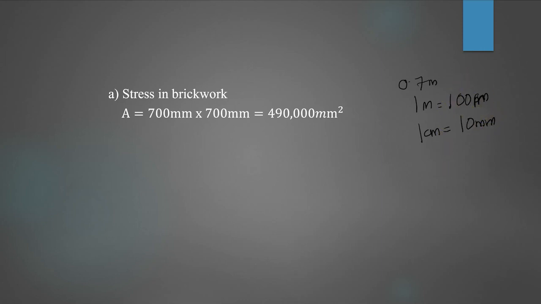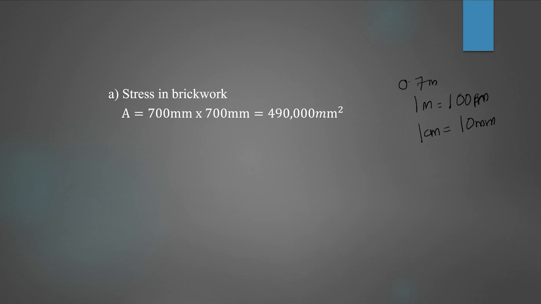So if 0.7 times 100, it becomes 70, meaning 70 centimeter. And then you convert into millimeter, you multiply by 10 again, so it becomes 700 millimeter. Therefore, that's why there is 700 by 700, because 0.7 meter by 0.7 meter we converted, so we get this 490 millimeter square.